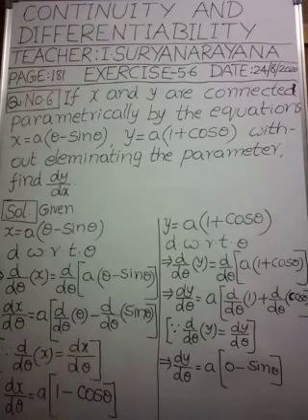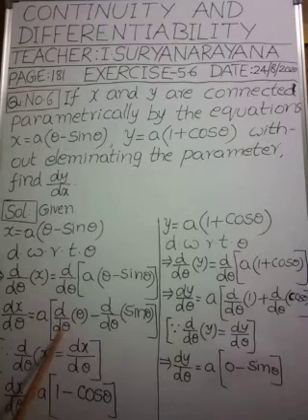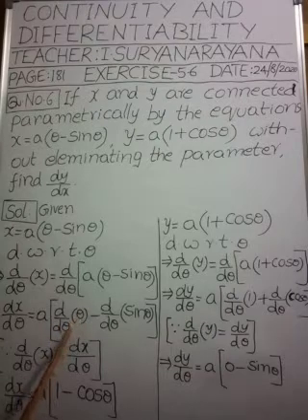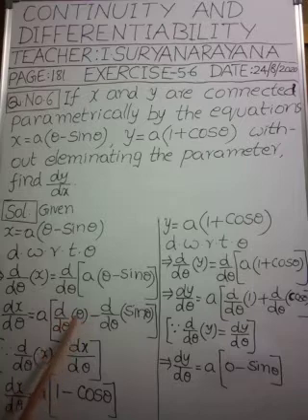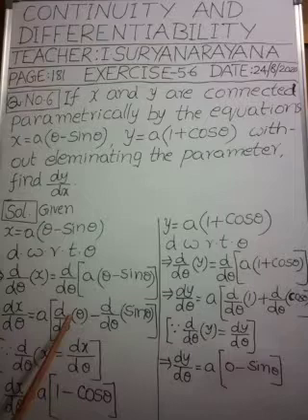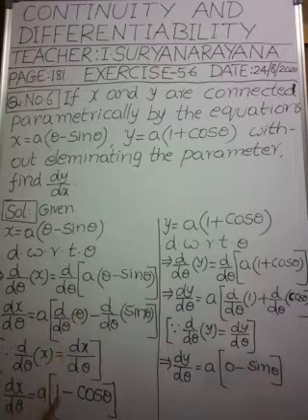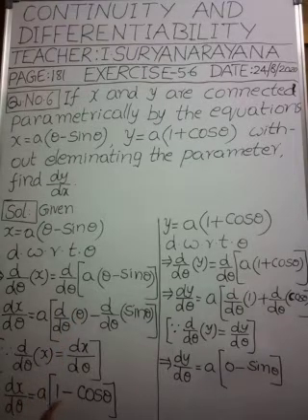This implies dx by d theta is equal to a into, if you observe this function, it is in the form of d by dx of x. In the place of x, theta is there. Just the variable changed. Then what is the formula? D by d theta of theta is in the form of d by dx of x. What is the answer? 1. D by dx of x is equal to 1. Understood this term, my dear children?